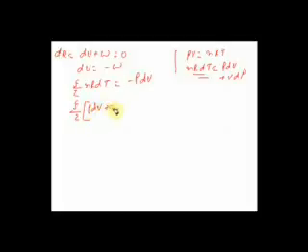So we can replace nR dT by P dV plus V dP. So we get f by 2 (P dV plus V dP) is equal to minus P dV.